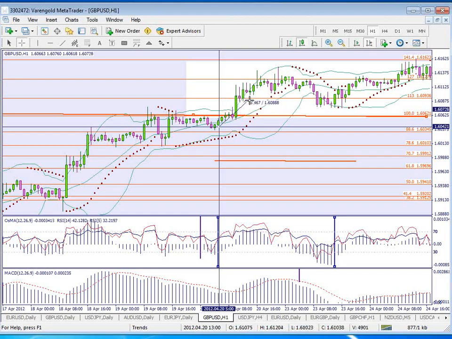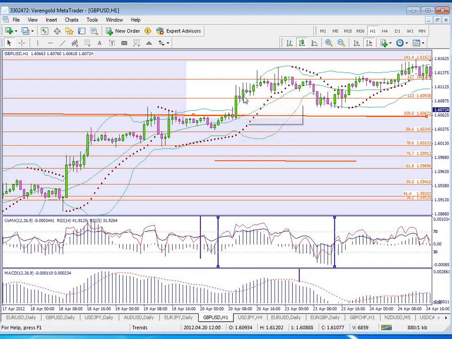And if I have this swing, I will look if the pair will try to reach also 127. So I have to stay somehow to check those levels on Fibonacci. This is more appropriate for traders that have more time for trading.